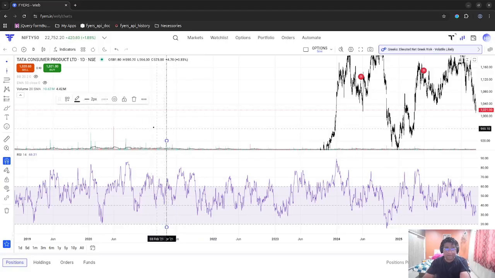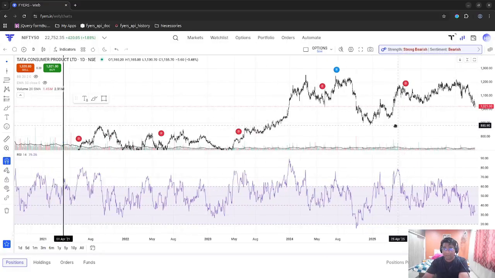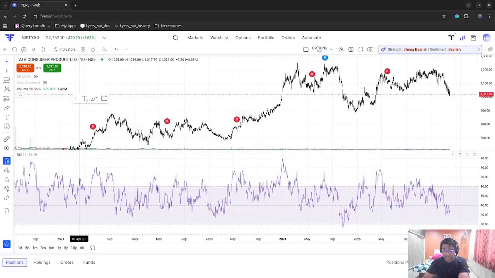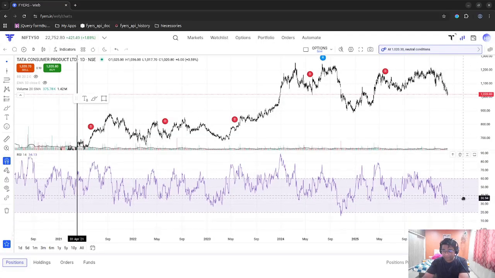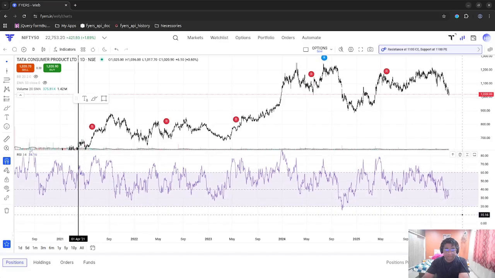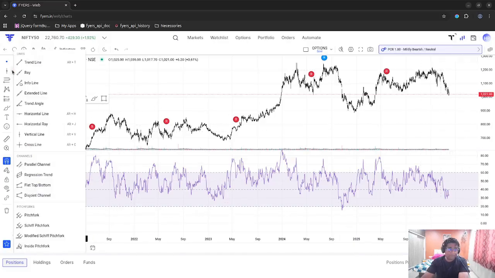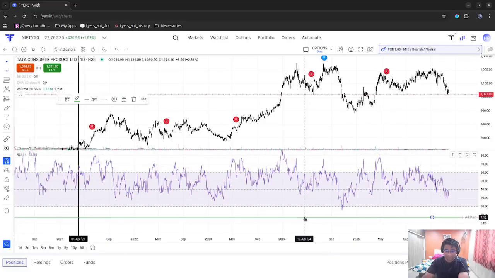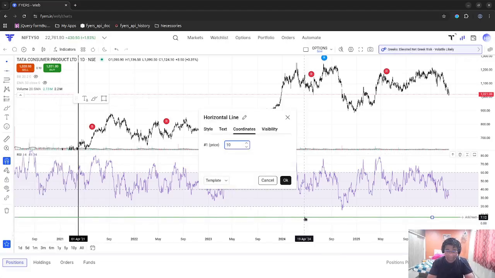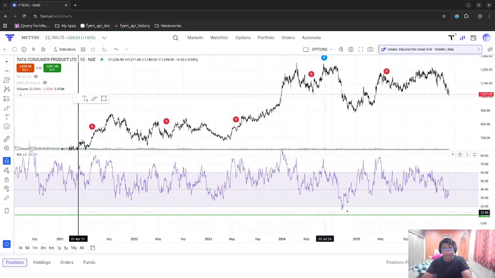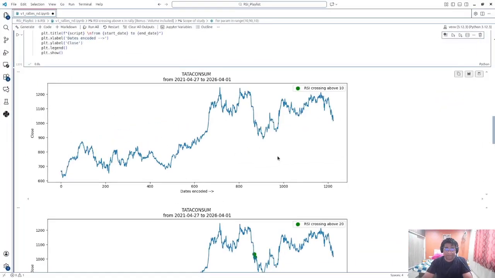This is the chart under study. As you can see, this is RSI at 10. Let me mark this. Do you find any reading where RSI has crossed above this green line? No. That's why we have got this blank chart.